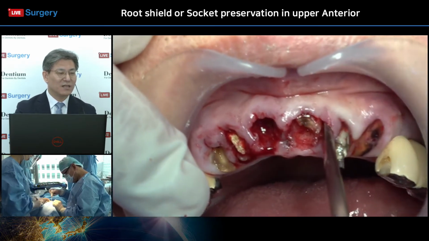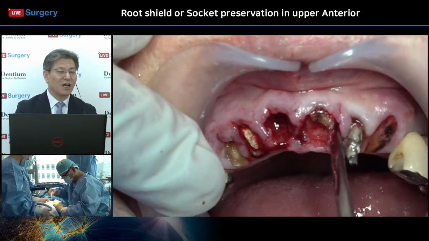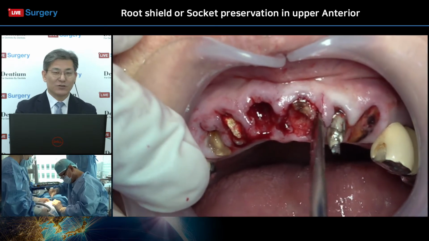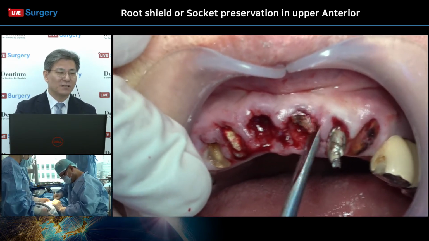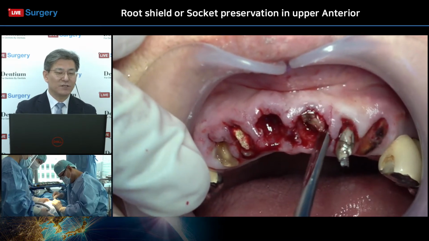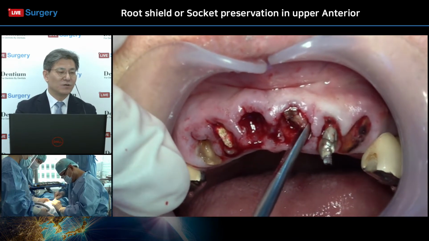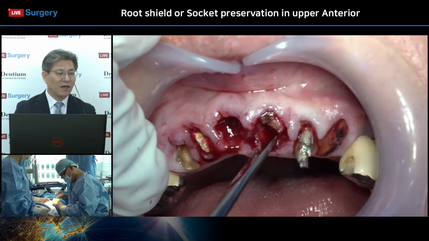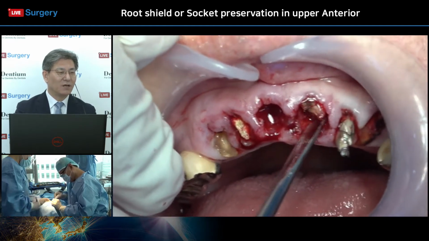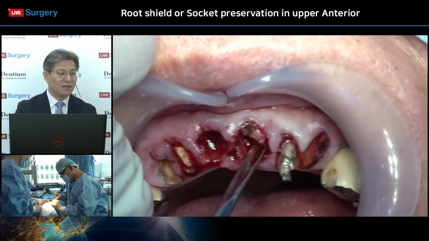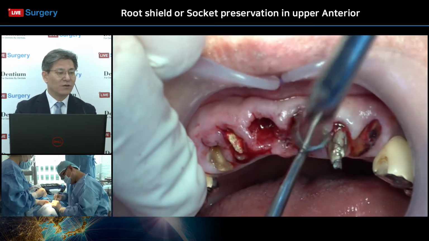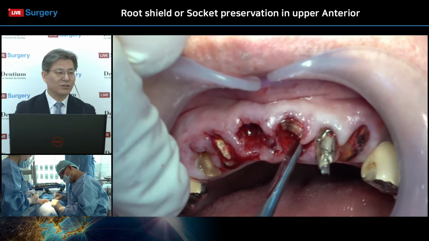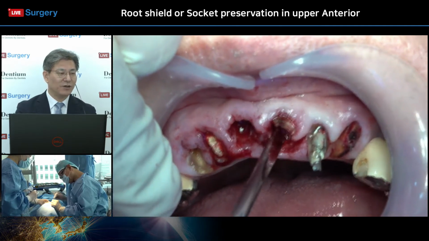Actually, these extraction procedures are time-consuming. As you know, drilling and implantation are much faster and can be achieved after this procedure. So time-consuming, step-by-step procedure is a necessary part for better outcomes when you have immediate implantation in the upper anterior aesthetic zone.